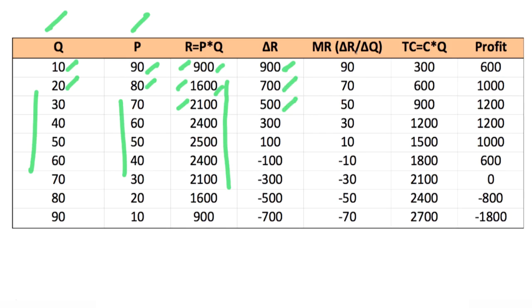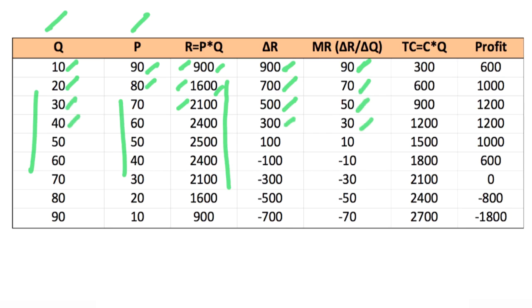Marginal revenue will be the change in total revenue divided by the change in quantity. Since the change in total revenue is 900, the 900 has to be divided by 10 to give you 90. Similarly, the change in total revenue is 700, and 700 has to be divided by 10, which gives you 70, and so on.